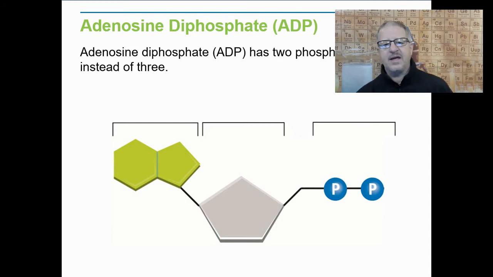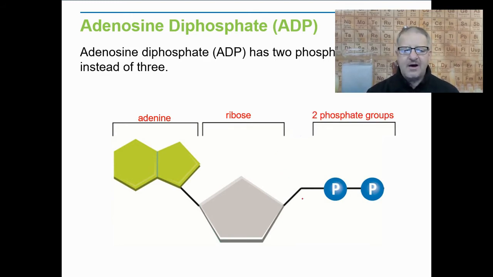This is an ADP, and this is what it looks like. And what you'll notice right off the bat is that there are definitely some similarities. There is still an adenine group. There's also a ribose in the center. But our tail now is missing one of its phosphates. It only has 2 phosphate groups instead of 3. Therefore, we call this adenosine diphosphate.